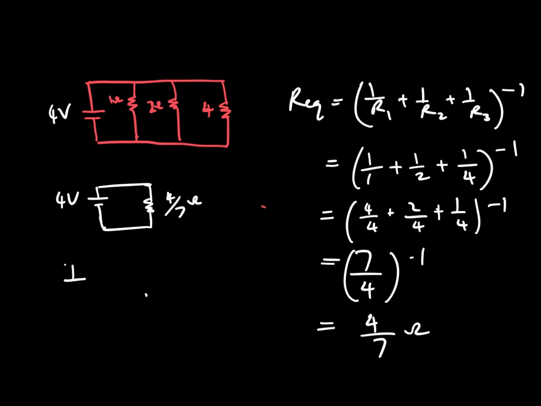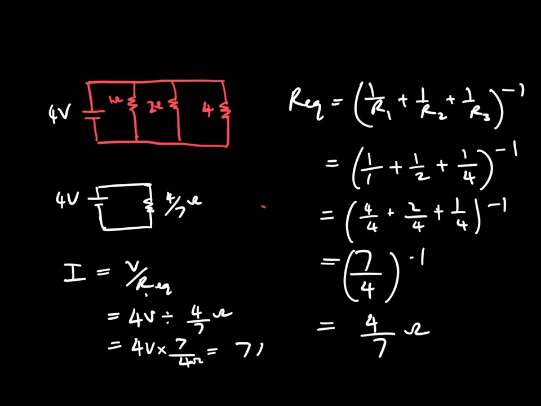Then the current that will flow is V divided by R equivalent, which is 4 volts divided by 4 over 7 ohms, which is 4 volts times 7 over 4 ohms. And that is 7 amps.